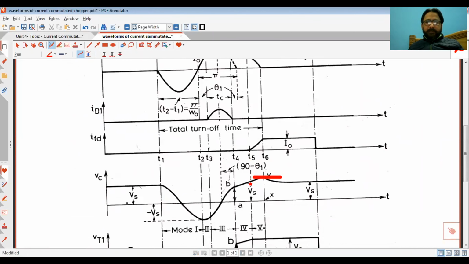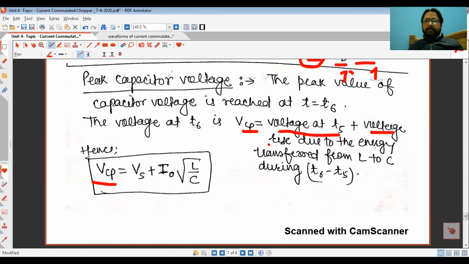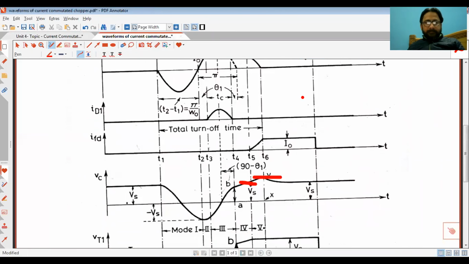The voltage at T5 is equal to Vs, right? Plus the voltage rise due to the energy transferred from L to C during T6 minus T5. So voltage at T5 plus this one gives you the peak value. If you see, it is like this. This is the value of Vs here, and this is some VCP, right?